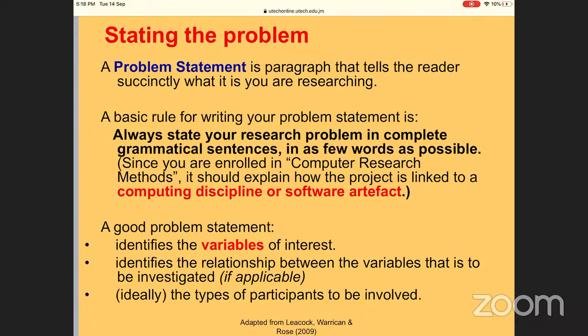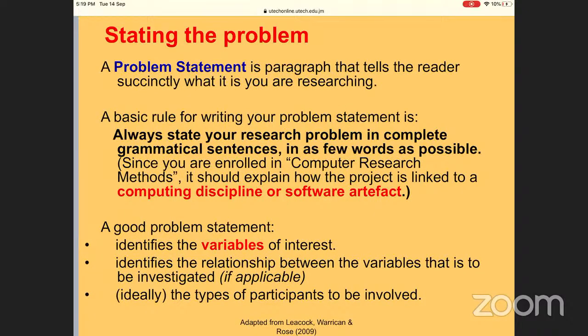Anyway, sorry about that. The problem statement, as we have done, is a review we've done in the past. The first assignment, as you must recall by now, is a concept paper. And the second thing in the concept paper is the problem statement. The first part is the background, which is not necessarily written first.